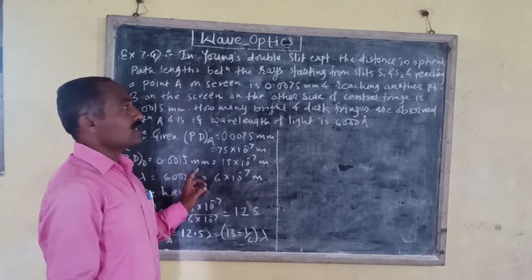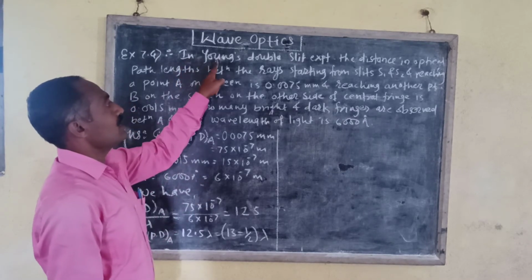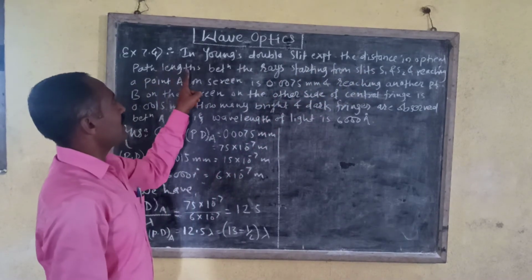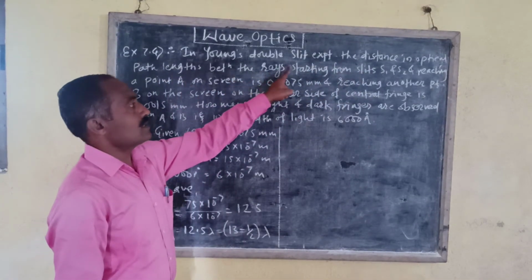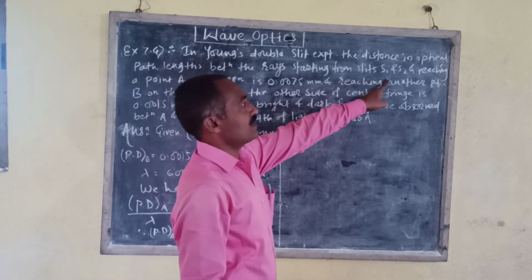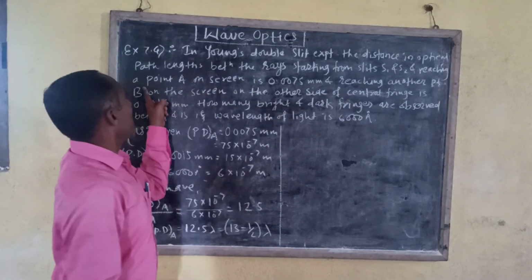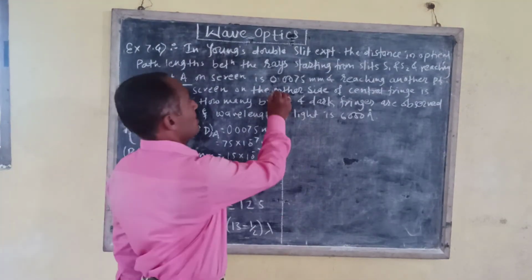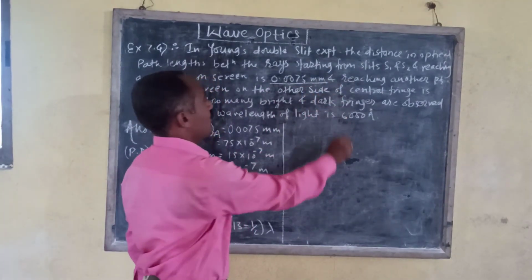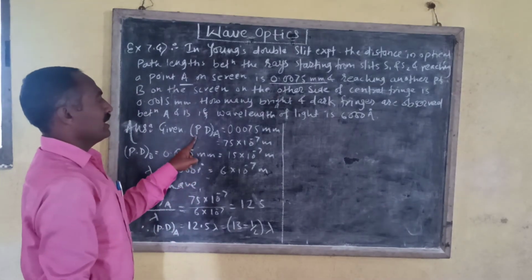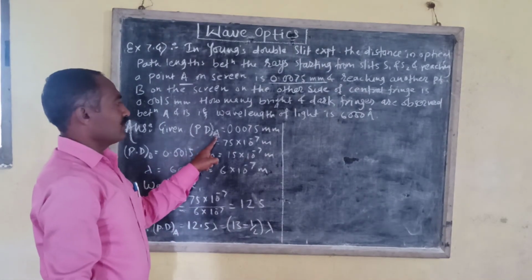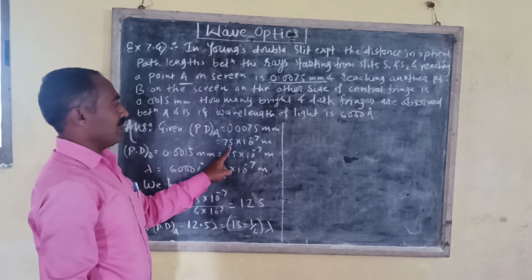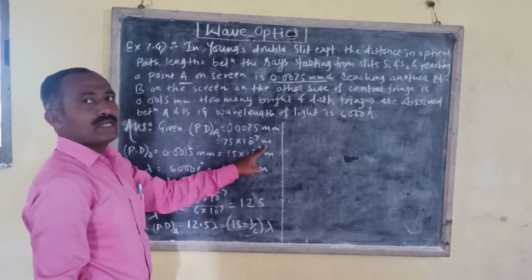Now the second problem is in Young's double slit experiment. The distance in optical path lengths between the rays starting from slits S1 and S2 and reaching a point A on the screen is 0.0075 millimeter, means the path difference at A is given, 0.0075 millimeter, which is equal to 75 into 10 to the power minus 7 meter.